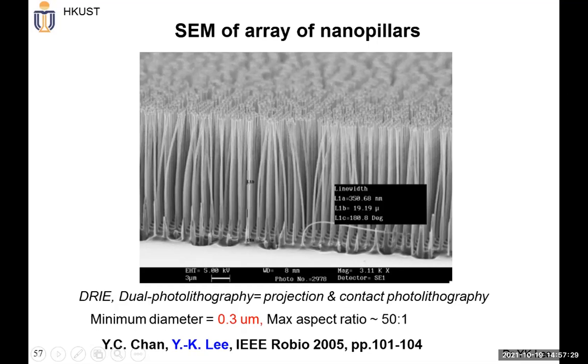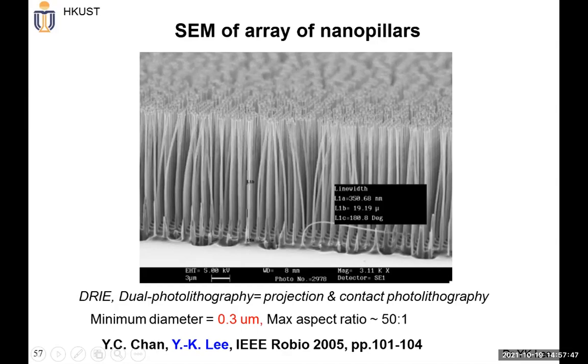The diameter of this silicon pillar is 0.3 micron. The aspect ratio can be 51. This was more than 15 years ago when I worked with my peer student, and it really achieved some excellent performance 15 years ago.